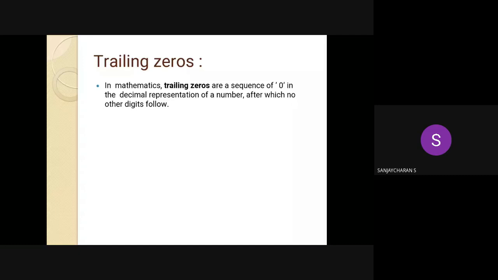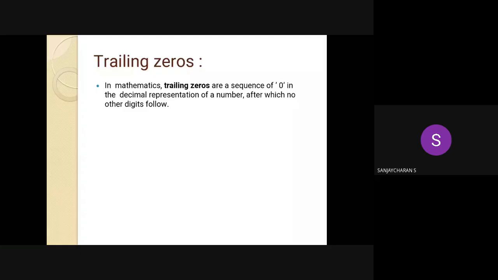In 2500 the trailing zeros are 2. In 1 lakh the trailing zeros are 5. Do you understand what I mean by trailing zero? In that value we have a sequence of 0s, and after those 0s no digit follows.